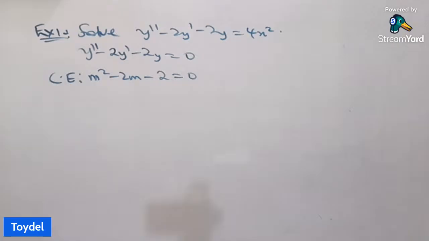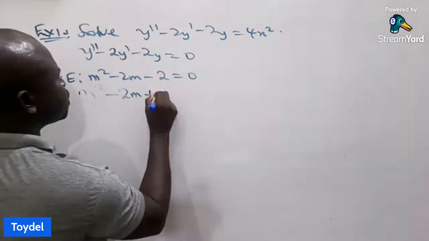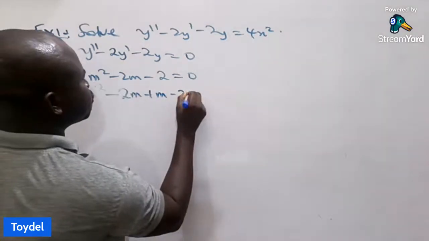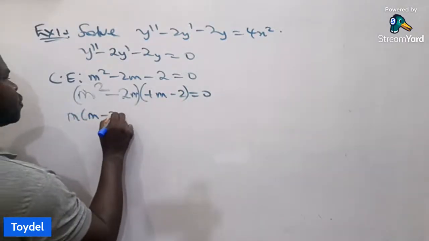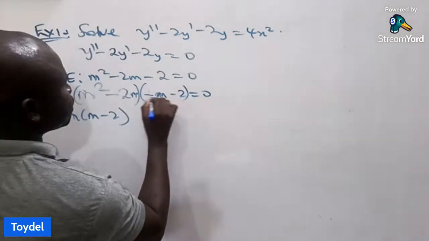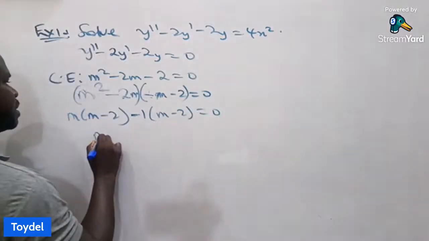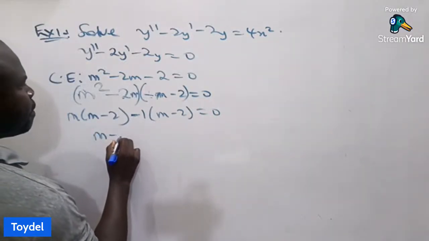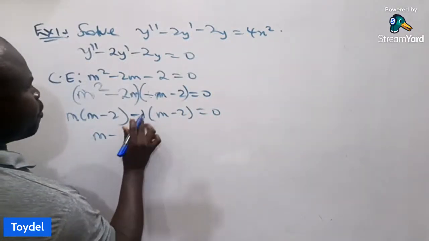So the middle term will now be split: m squared minus 2m plus m minus 2 equal to 0. That's what we are going to get. m is common here, so we have m, m minus 2. Then this is plus m here, so plus 1 is common here.